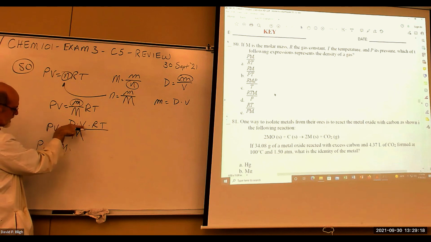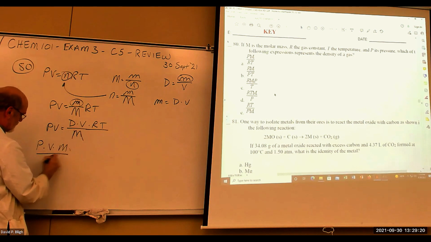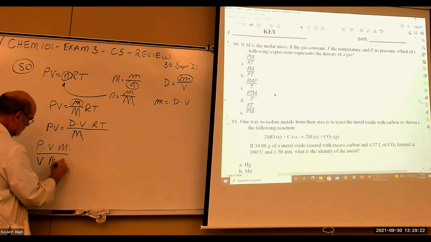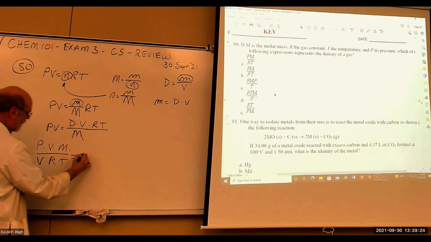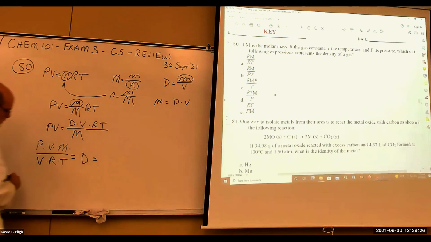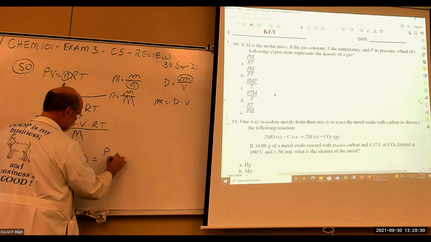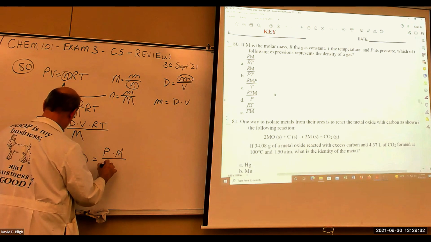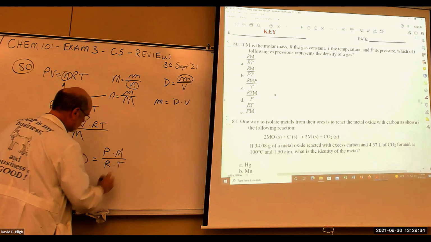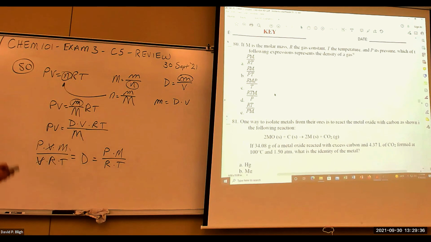And then density stays there, and that brings VRT over here. All right, now, what do we got? So that leaves us with P times molar mass over R times the temperature. Now, which one does that match? PM over RT, that's A. A is the answer for that.